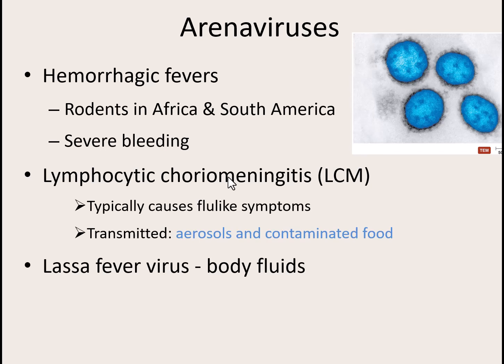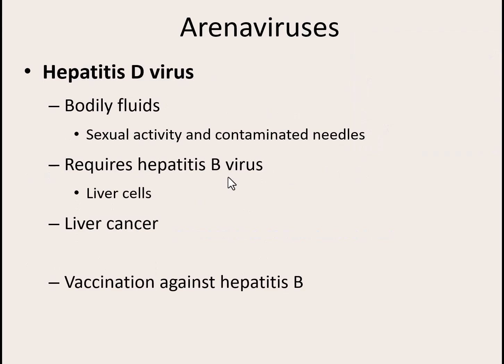Now, another virus, it's not spread by any kind of insect or animal. It's just spread by bodily fluids. It's the hepatitis D virus, so our last hepatitis virus. It's spread usually through sexual activity or contaminated needles. The interesting part about it is that it cannot hijack host cells all on its own.